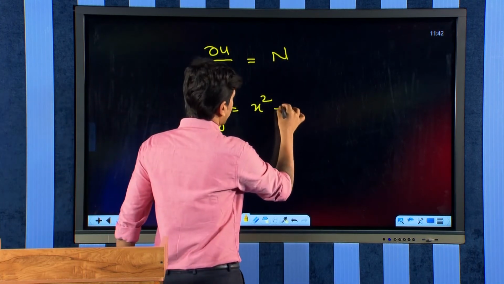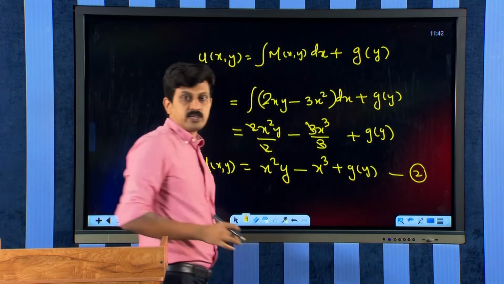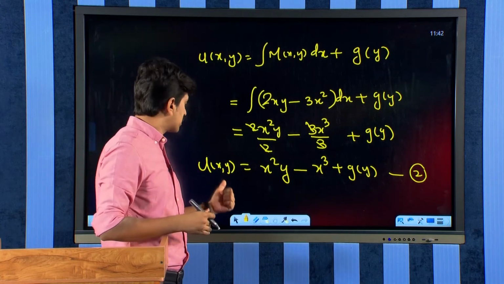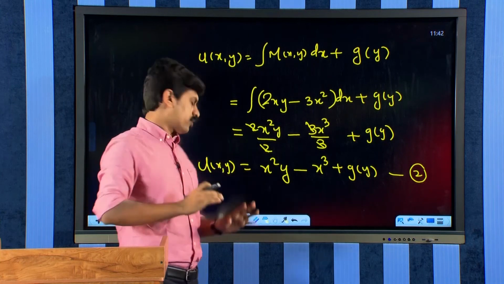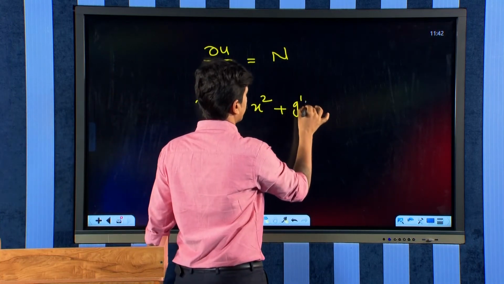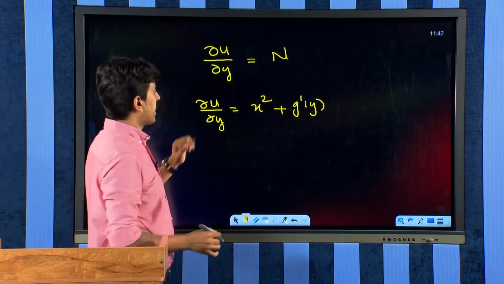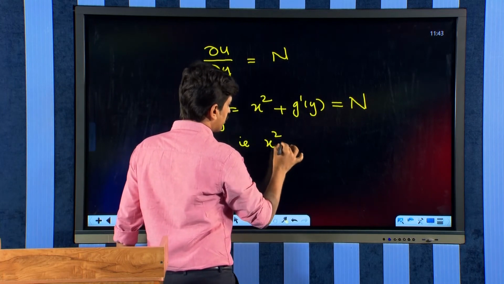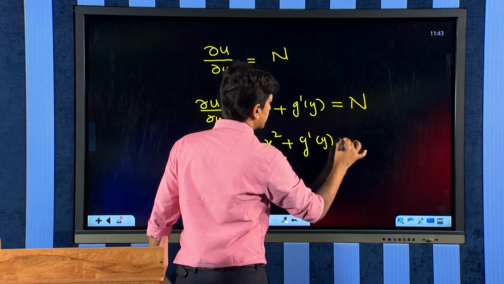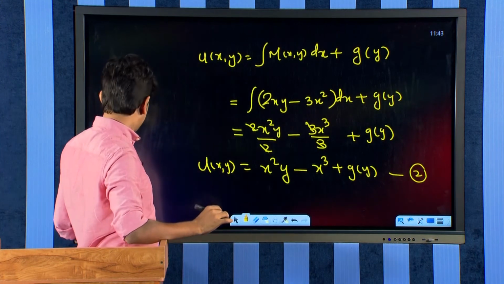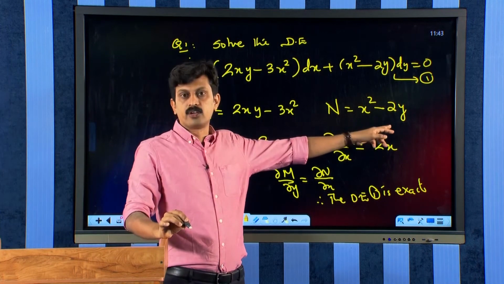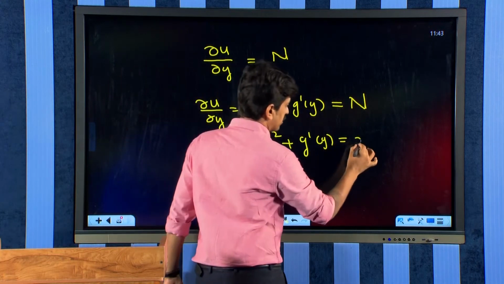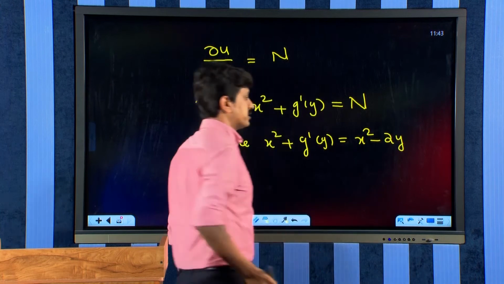And we partially differentiate g of y. g of y means a function of y alone, so we just differentiate it, and we have g dash of y. So, this is actually equal to n. What is n? That is x square plus g dash of y, equal to x square minus 2y.